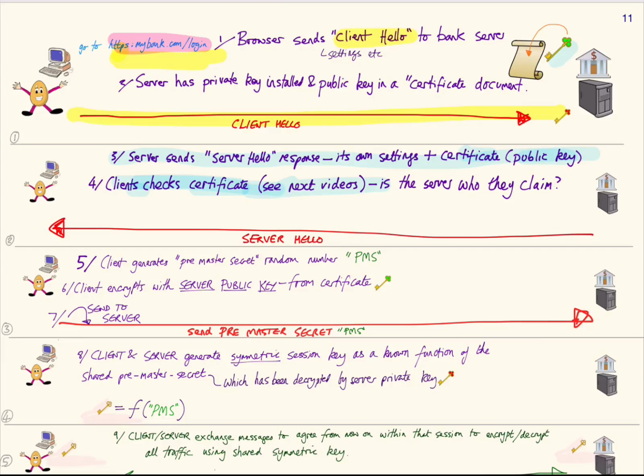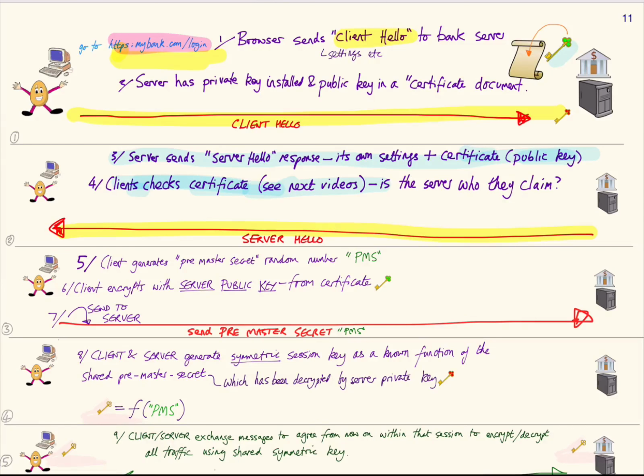Right, that's the signal from the client to the server saying, "Hello, I want to communicate securely with you, my bank, in this session." Then the server is going to send a hello response back to the client, telling it some details about what version of the HTTPS protocol they're using, etc. This is not a detailed description of the HTTPS protocol.